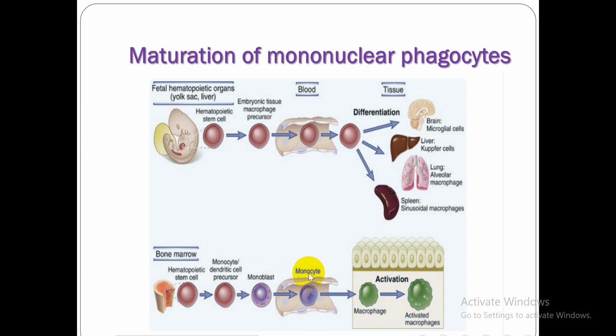After the infection, at the site of the inflammation, the monocytes exit from the blood circulation and enter the site of the inflammation, and there they can differentiate to macrophages. So these kinds of macrophages are not resident in tissue, and they differentiate from the monocytes.